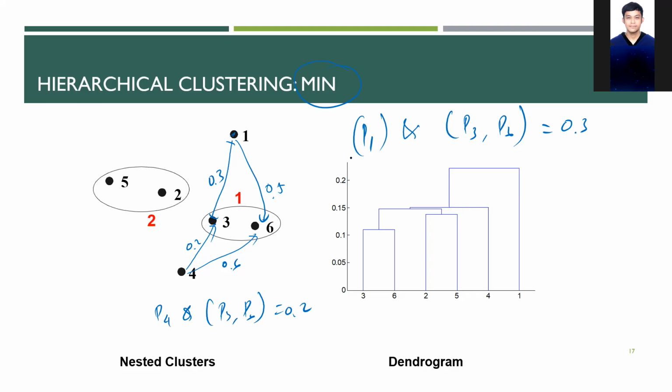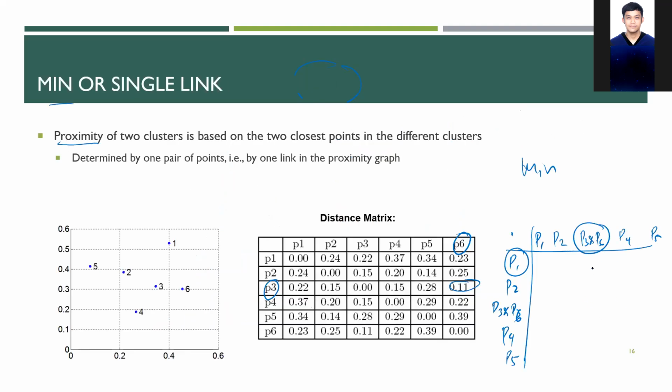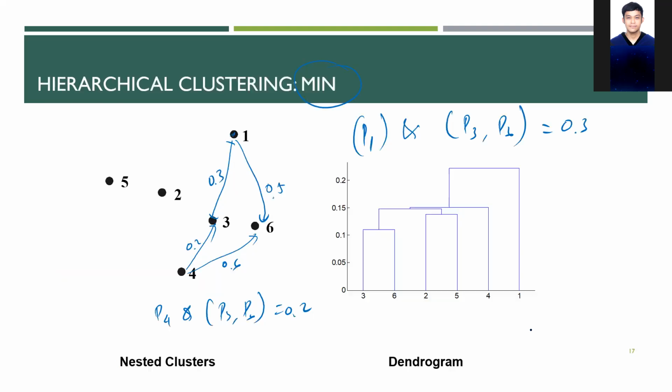Then after we update the proximity matrix here, we search again for the smallest one. Oh, the smallest one is 5 and 2, for example. Okay, and continue again, update the proximity matrix.